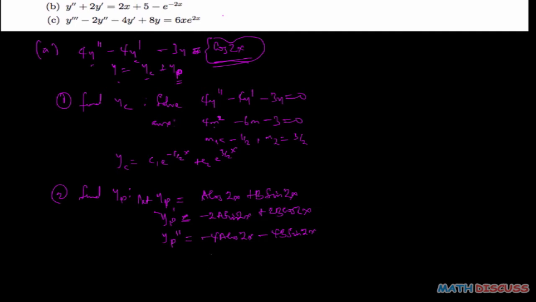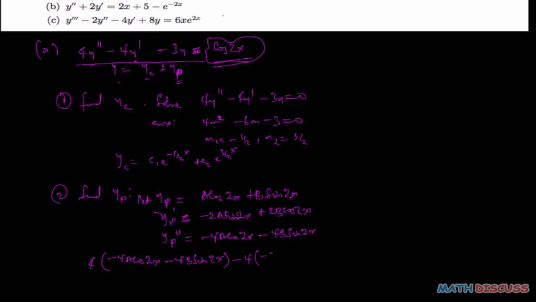The next thing we want to do is substitute all these values into the differential equation. That's going to be 4 times yp prime prime, which is minus 4a cosine of 2x minus 4b sine of 2x, then minus 4 times y prime.